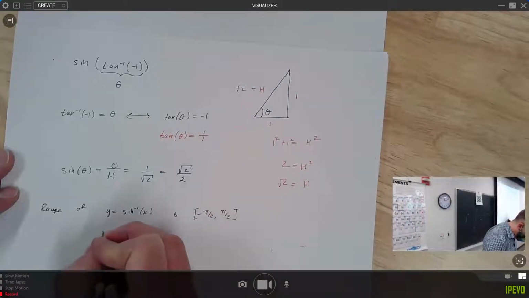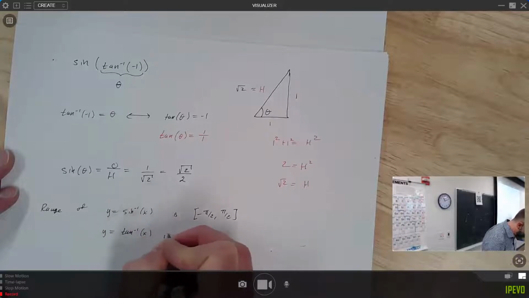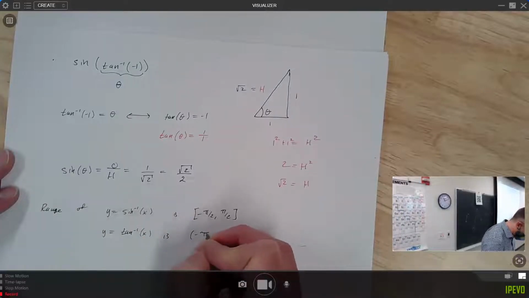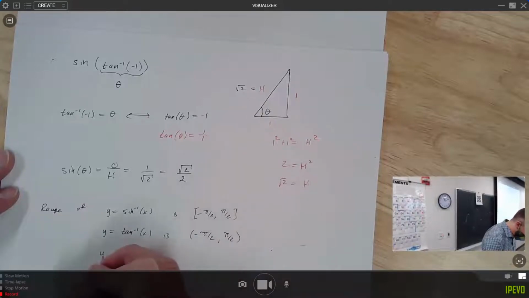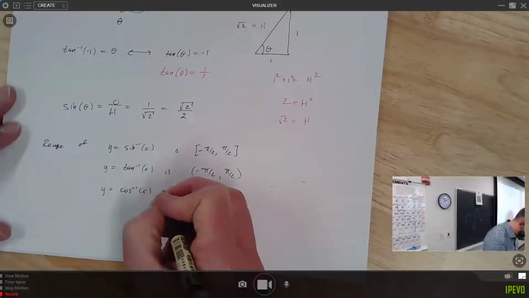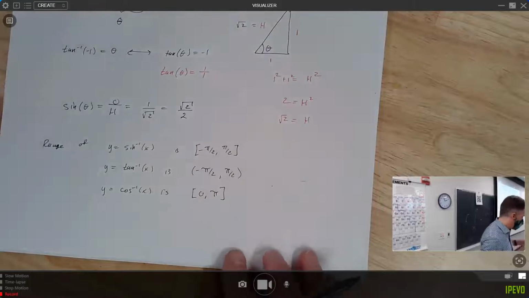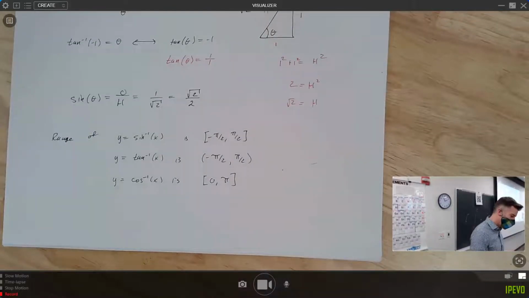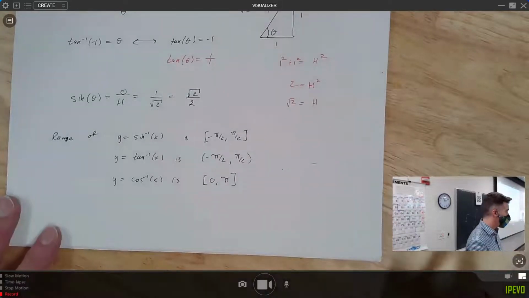And the range of y equal to the inverse tangent of x is almost the same, except you don't get the ends. And the range of inverse cosine is unfortunately not the same. It's 0 to pi. Here's what that means. It means that this angle was in quadrant 4.